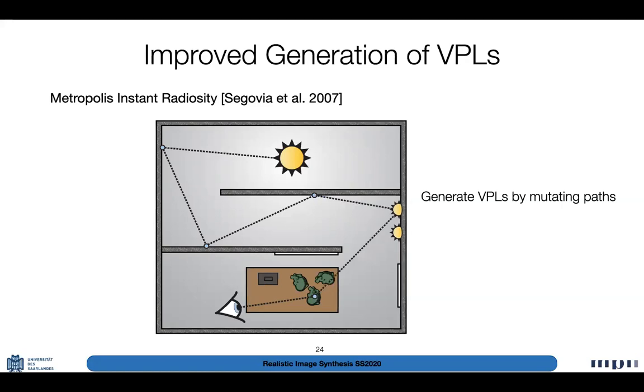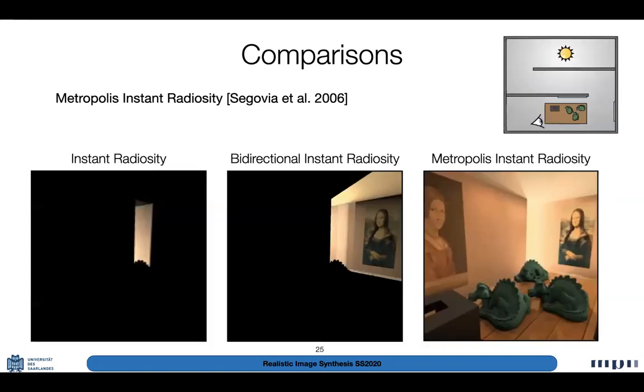By mutating the path at the second vertex, they generate VPLs which are closer to the camera in the scene. As you can see in the middle, we have the bidirectional instant radiosity of the scene, which we saw earlier. And on the right, we have the Metropolis instant radiosity. You can see that the Metropolis approach works quite well here.